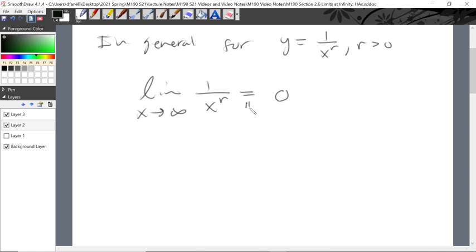So the numerator right now is just 1, so it's just a finite number, but the denominator is going to be very, very large, and it's going to be a very large positive number. So the ratio is approaching 0.